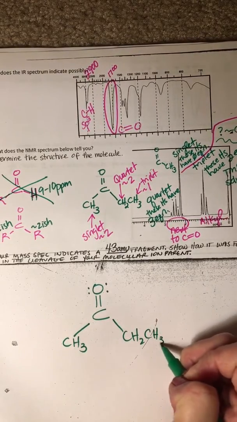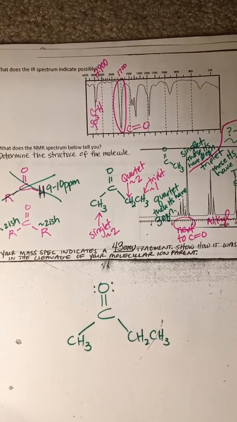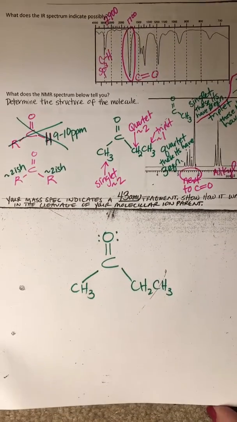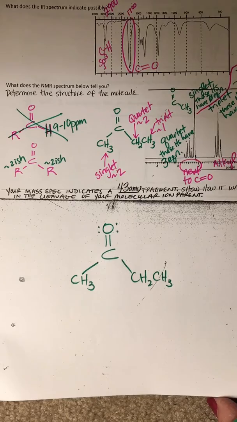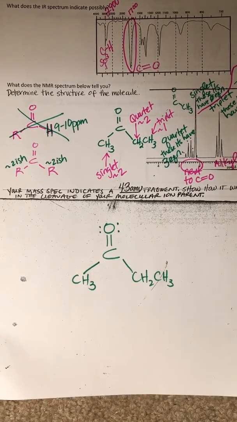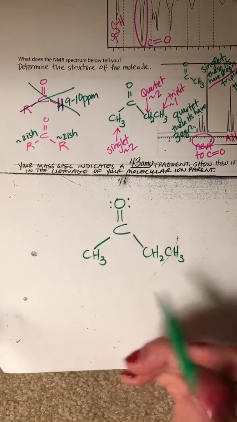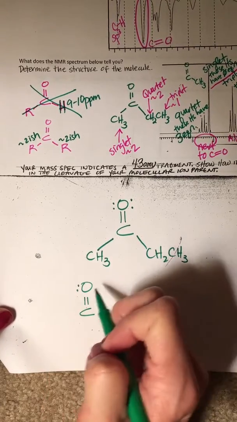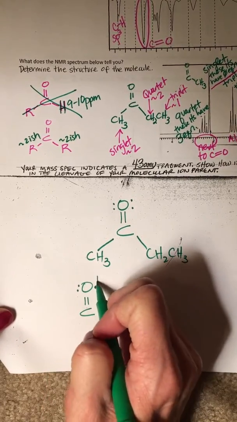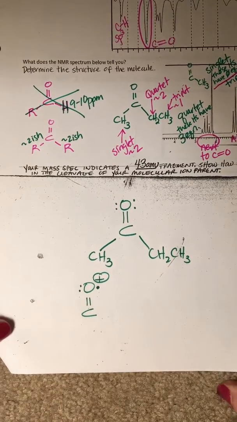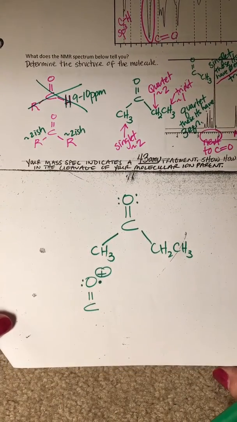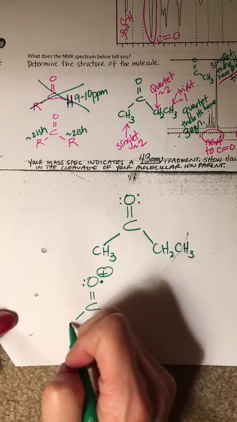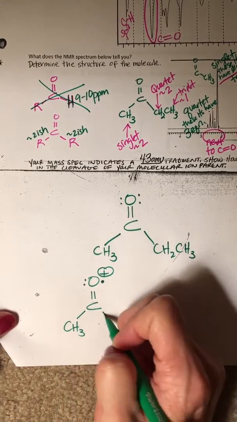Now in a mass spec, your molecule gets bombarded with a high energy electron beam. That's going to eject a lone pair easiest first. So if we're looking at our molecular ion parent, remember it's got to be a positively charged fragment, we would have lost one of those electrons from oxygen before we lose them anywhere else.